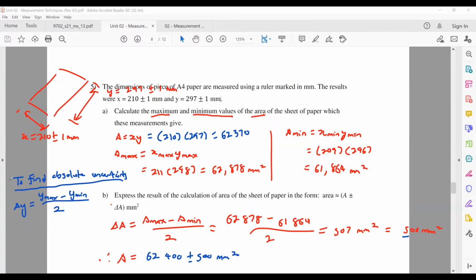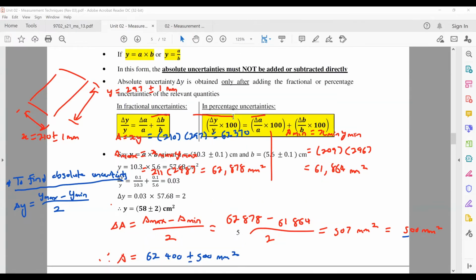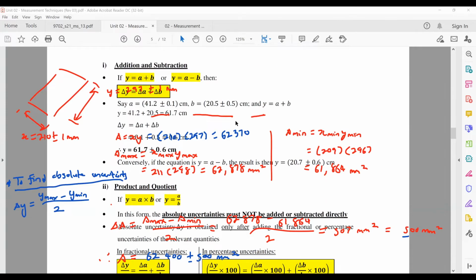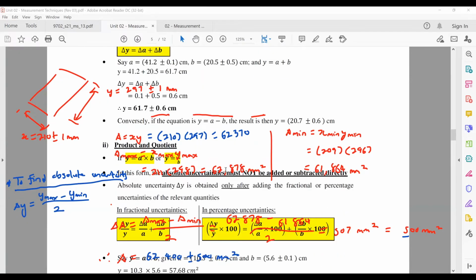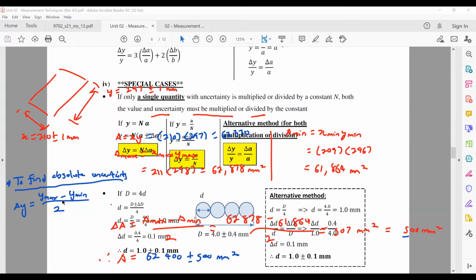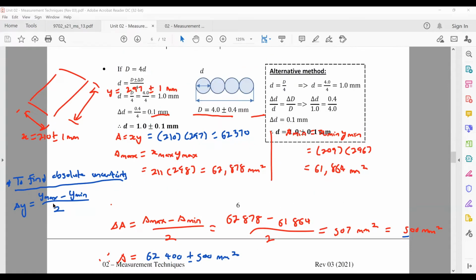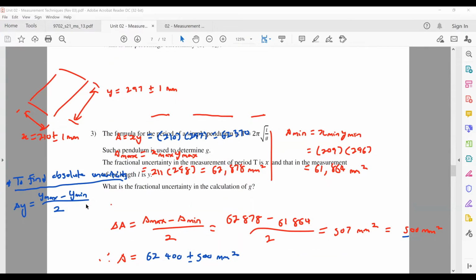This is another way of finding absolute uncertainty other than the ones that I've written in the notes under pages 5 and 6, which are some of the known methods of finding absolute uncertainty.